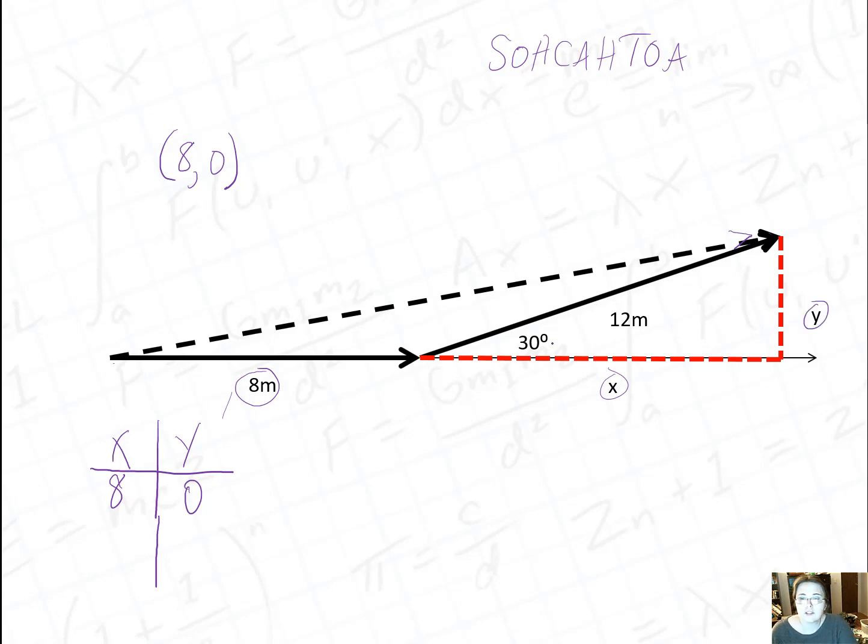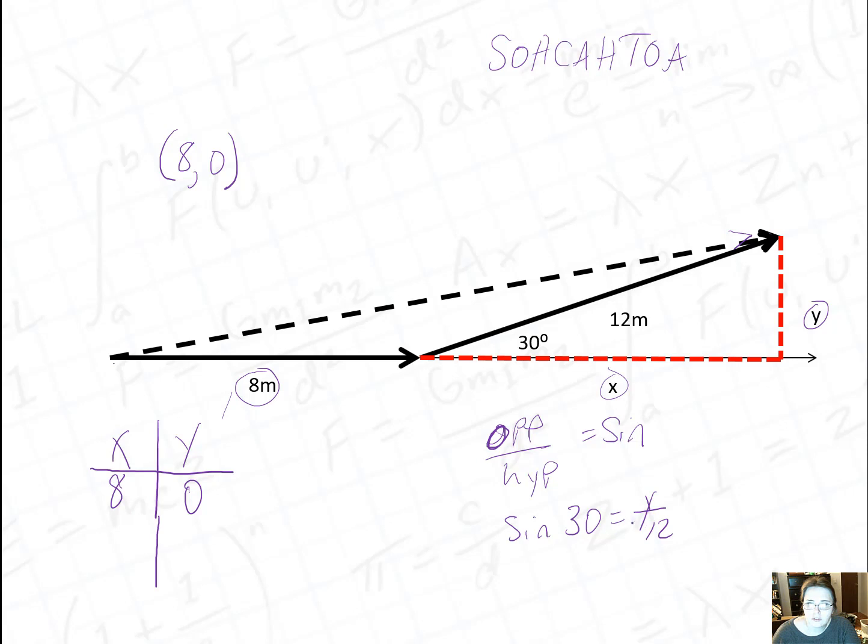So first, it's going to be the y. So this is 30 degrees. So y is opposite. The 12 right here is the hypotenuse. So we have opposite over hypotenuse. This is equal to sine. So then we have sine of 30 is equal to y over 12.